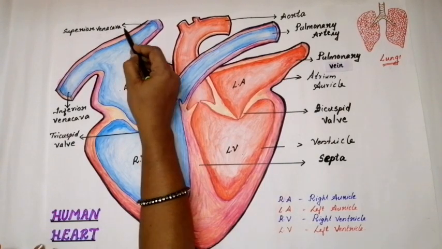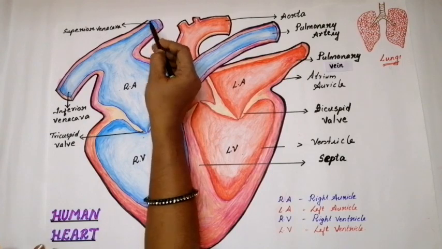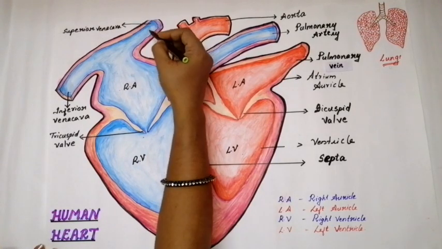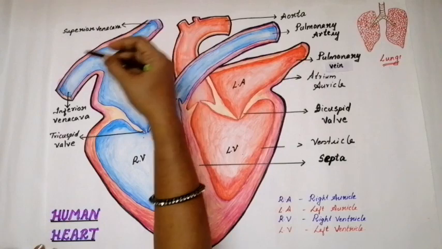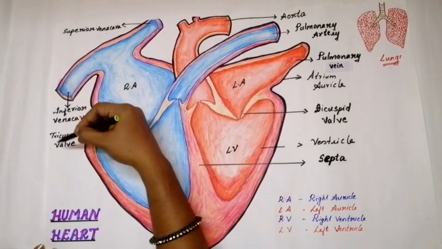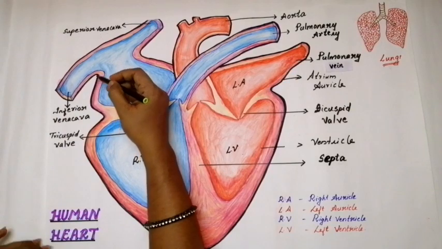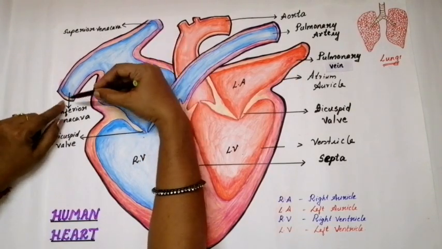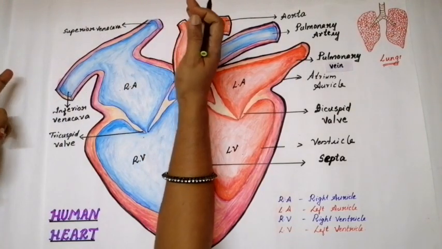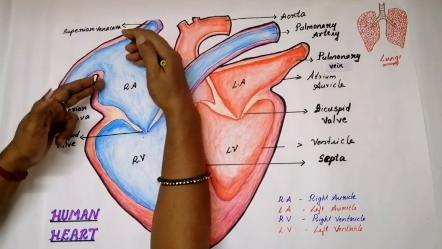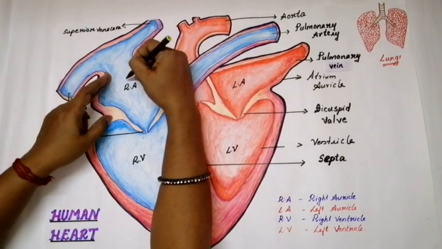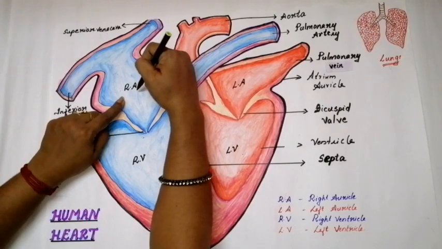The superior vena cava collects blood from the head and the upper part of the body. Inferior vena cava collects blood from the lower part of the body below the heart. Now this superior vena cava and the inferior vena cava collect the impure blood from all parts of the body, and it is carried into the right auricle.